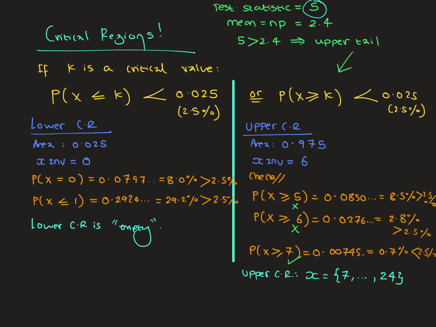You can cut down the amount of work that needs to be done by doing this step here, which allows you to identify whether you're working with an upper critical region or a lower critical region. It can really save quite a lot of time, but ultimately you only really need to find critical regions if there is a particular reason for you to do that. You're asked to do it, for example, or if you haven't carried out your experiment yet and you don't have a test statistic on which to base a probability calculation.